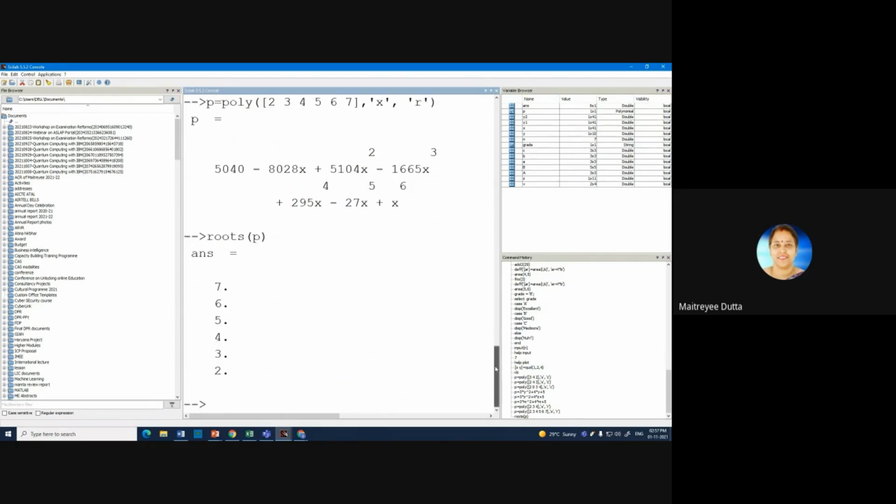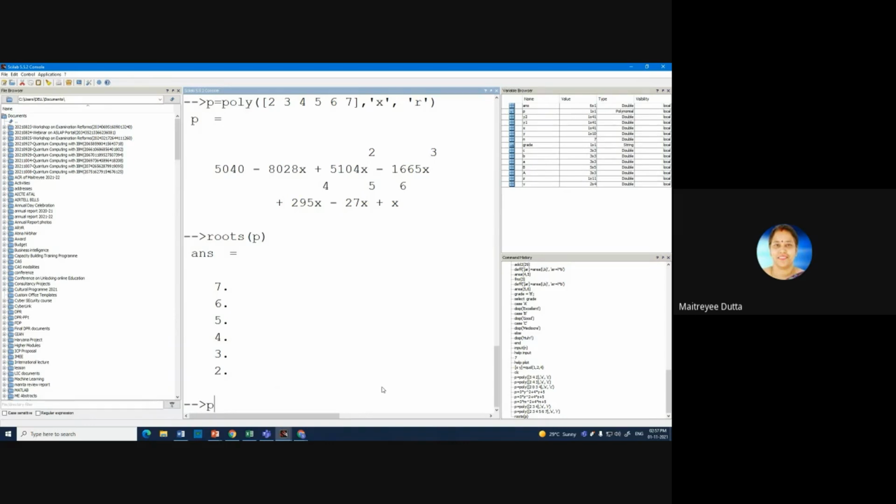And to write the polynomial, what you can do, for example, I want to find out the roots of a very typical expression in terms of x to the power 5, right? I have some expression in terms of x to the power 5, and I want to find out the roots. So first of all, I will define the polynomial.